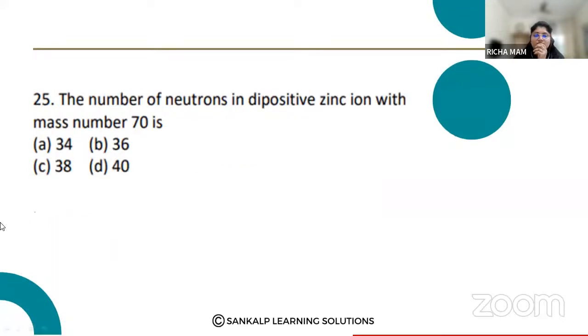Let us go for the next one. The number of neutrons in di-positive zinc ion with mass number 70. You have to calculate the number of neutrons in di-positive zinc. What do you mean by di-positive, students?